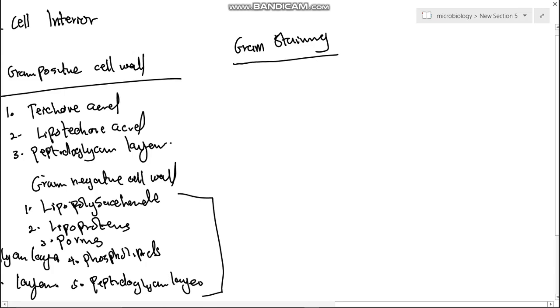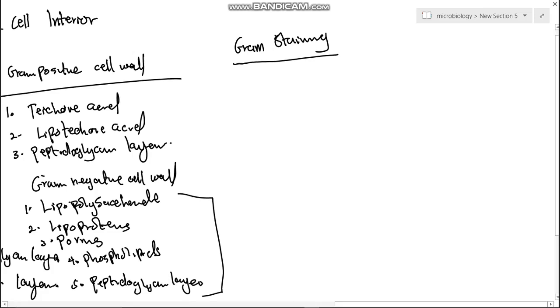This is a staining approach in which we stain the bacteria to identify under a microscope whether it is a gram-positive bacteria or a gram-negative bacteria. In this gram staining, I'm going to take you through the practical process, then we will explain theoretically why after the staining some bacteria will tend to be gram-positive and others gram-negative.